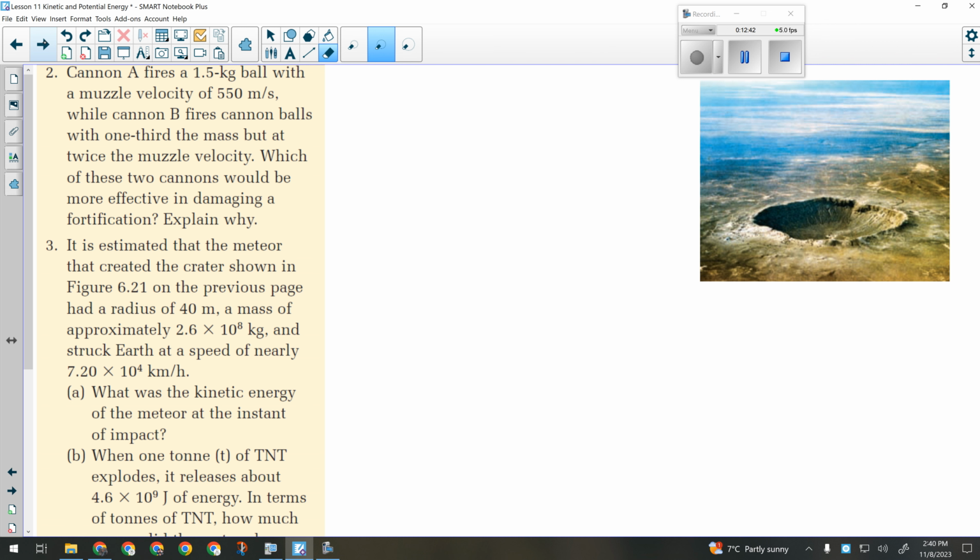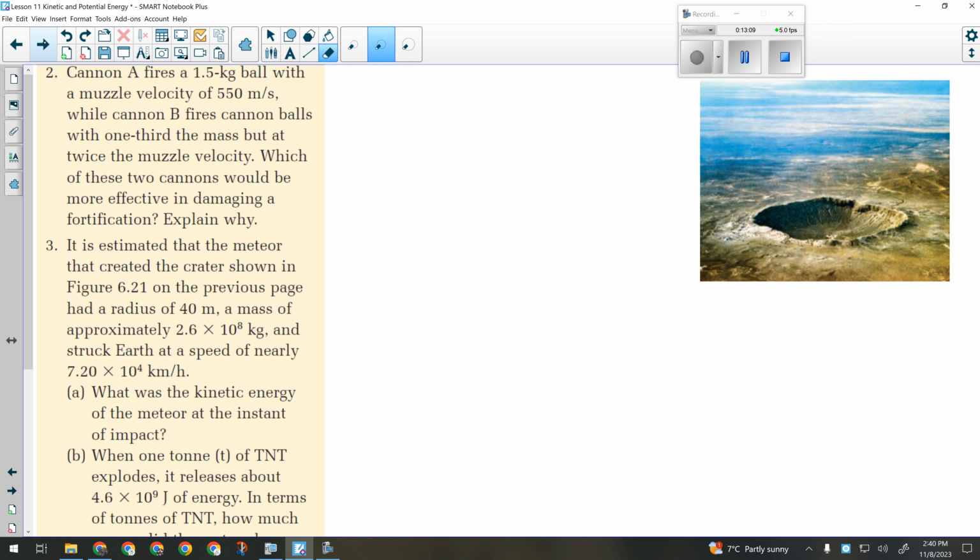So a cannonball that is 3 times smaller, but twice the speed. Which one is better at damaging a fortification? Back in the day, that's how warfare worked. You had a cannon, you put a big metal ball in it, and you launched the metal ball at the opposing person's castle. The more kinetic energy the ball had, the more damage you could do.